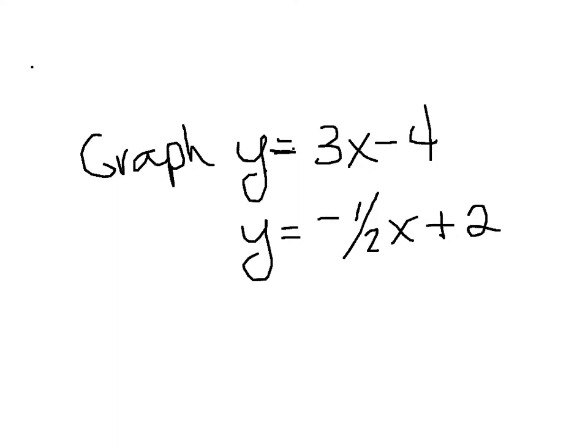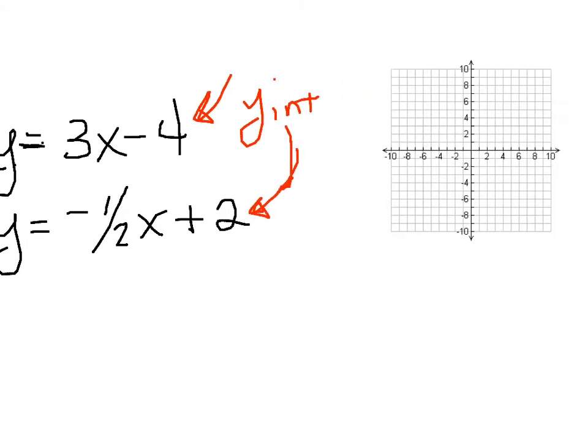So now you'll remember that each is a linear line, and so the negative 4 in the first line is the y-intercept, and the 2 in the second line is the y-intercept, so I would then graph those.